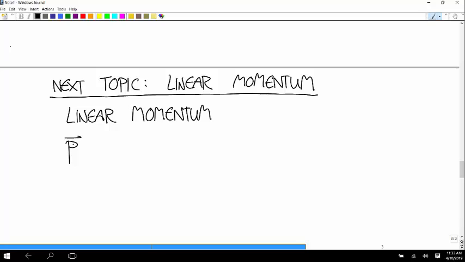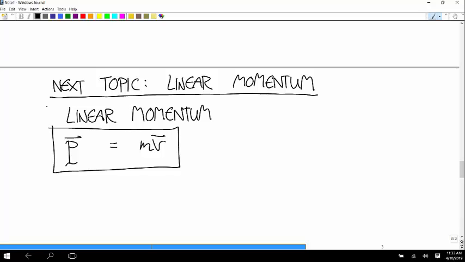That might revolutionize physics. So the linear momentum is the mass of an object times its velocity vector. And so it's a vector.